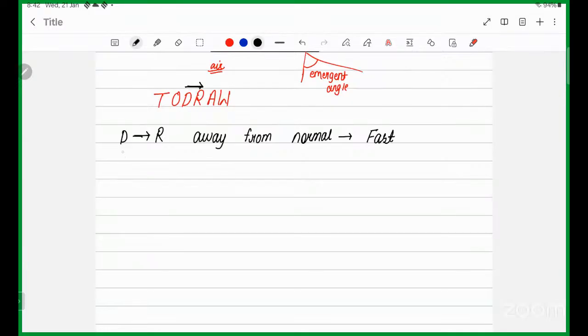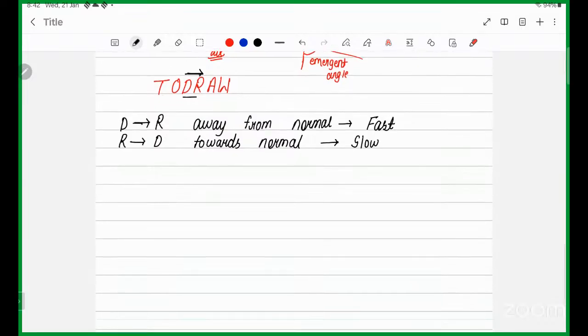If the ray is going from rarer to denser, then it will bend towards the normal and its speed will be slow. So you can remember by this.